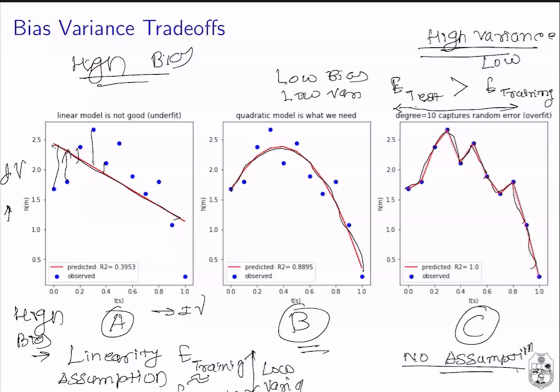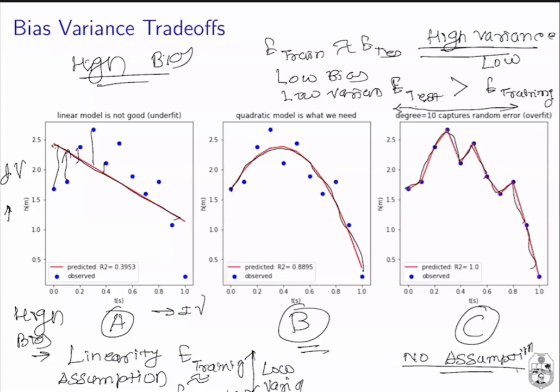Low variance means that the variation between the training error and the test error is small. No variation is there between the error that we got during the training and the error that we got during the test phase. So this is the golden middle point.